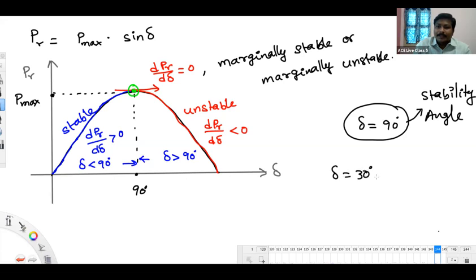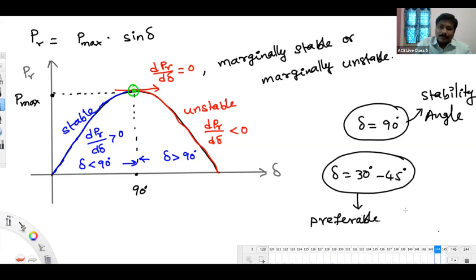Delta in the range of 30 degree to 45 degree is going to be called the preferable operating angles. Okay. Next.